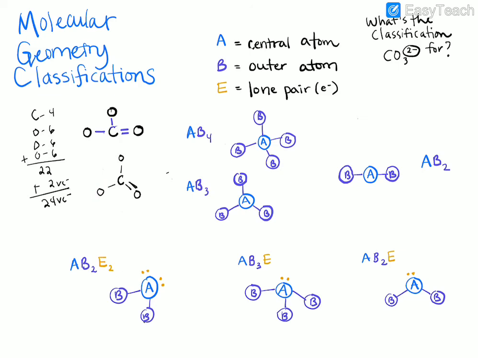So the key to these is, the difficulty does not lie in actually classifying them. It's just you're going to have to take the time to actually draw out your Lewis structures. So we're building upon the drawing Lewis structure skill to now classify its geometry as either being AB4, AB3, AB2, AB2E2, AB3E, or AB2E.